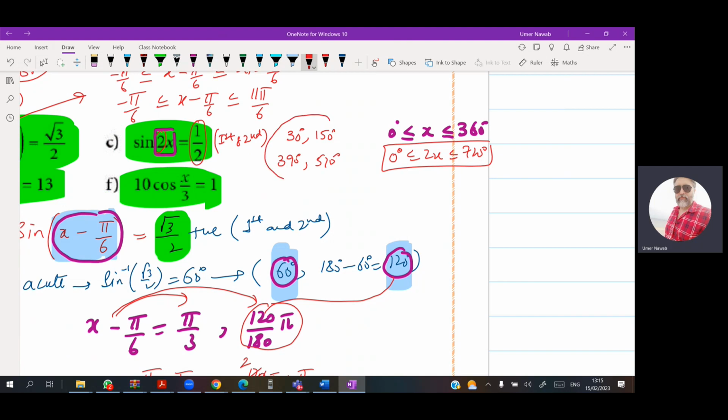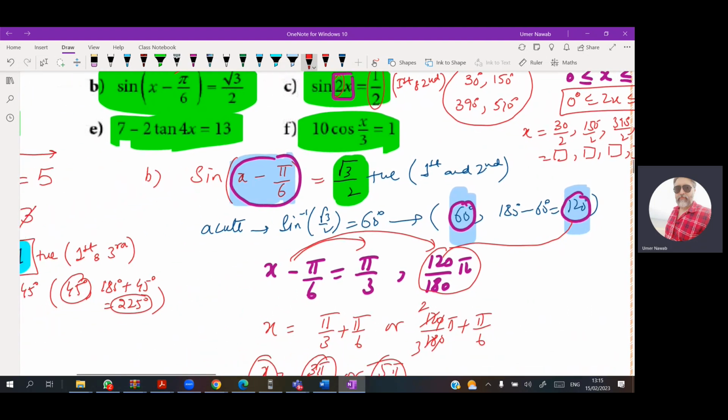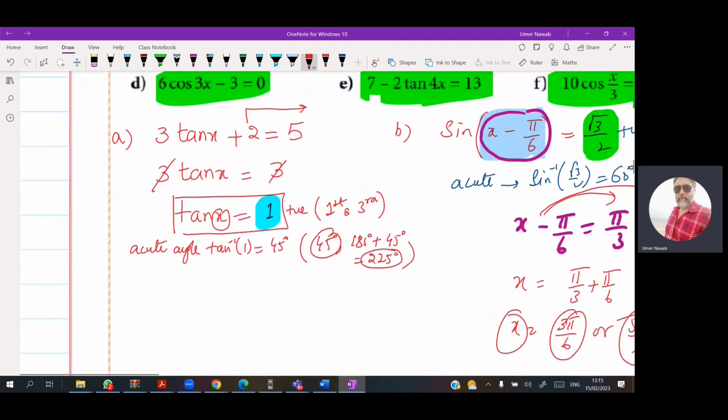Now, all these answers which we have found are equal to 2x. We need to find the values of x. So our x will be 30 divided by 2, 150 divided by 2, 390 divided by 2, and 510 divided by 2. Once you get your answers in degrees, you need to convert them into radian mode, since the examiner demands your answer must be in radian mode.